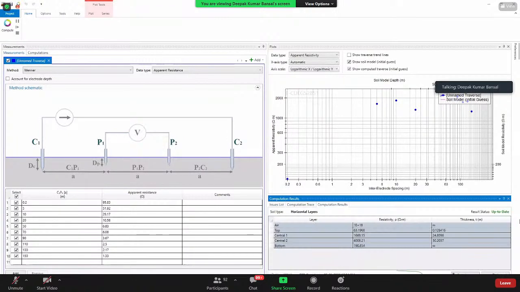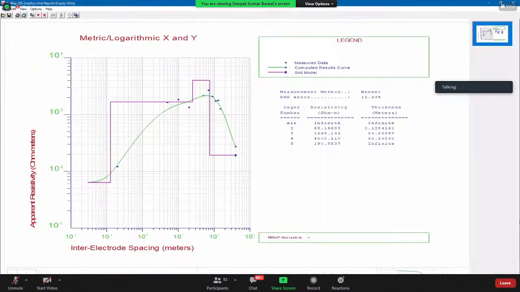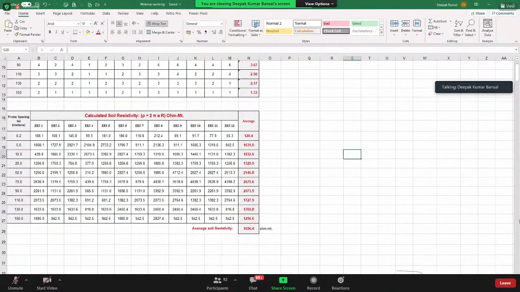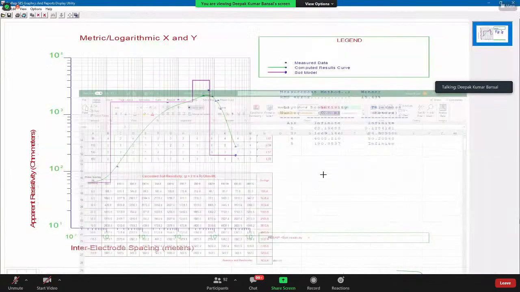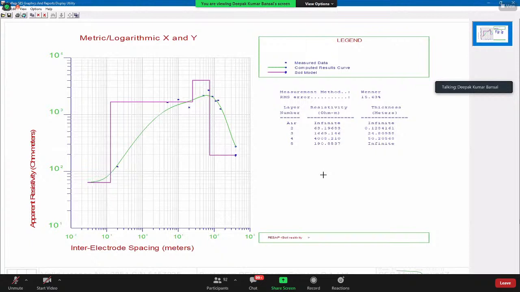These are the iterations going on. Now we can see the result. We were actually getting an average soil resistivity of 1656 ohm meter. But when we interpreted this result with the RESAP software, we found 4 layers of the electrical resistivity of soil.